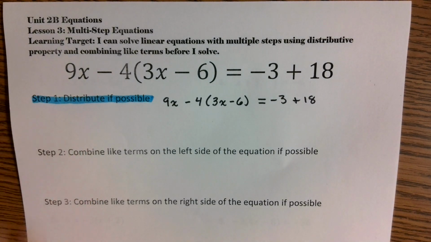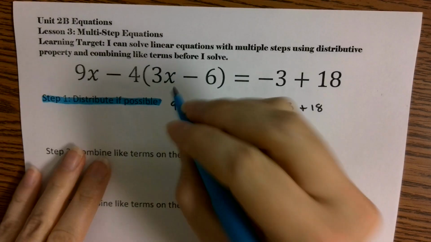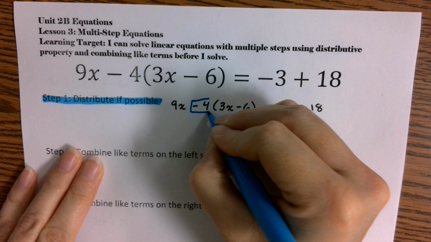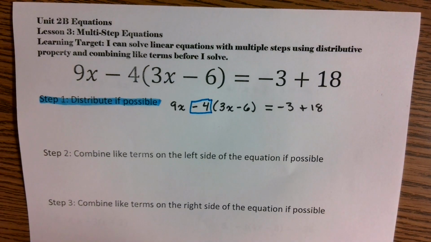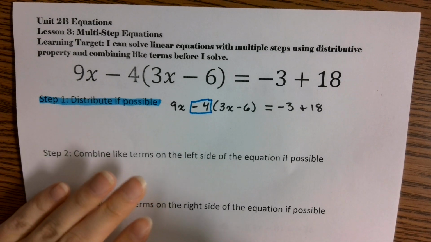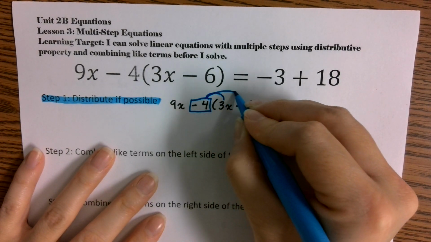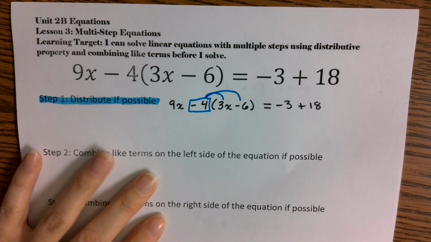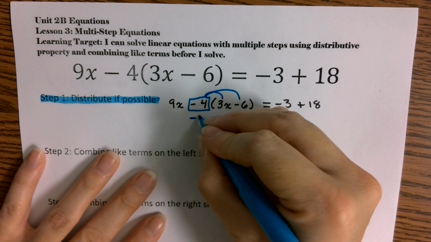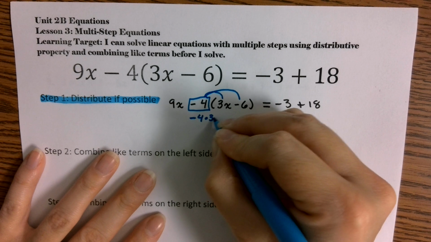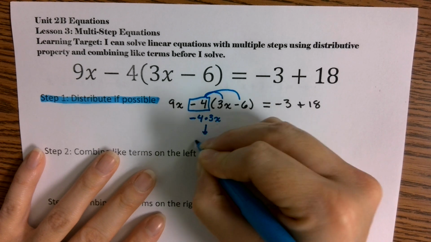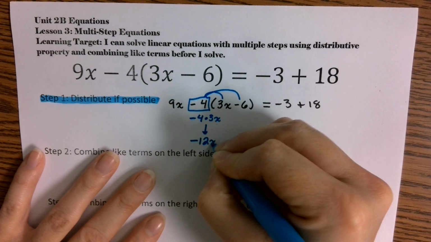I have distributive property because I see those parentheses. I need to distribute that negative 4 to the terms that are inside of the parentheses. So I'm going to do negative 4 times 3x, and negative 4 times that negative 6. Negative 4 times 3x is going to come out to negative 12x.